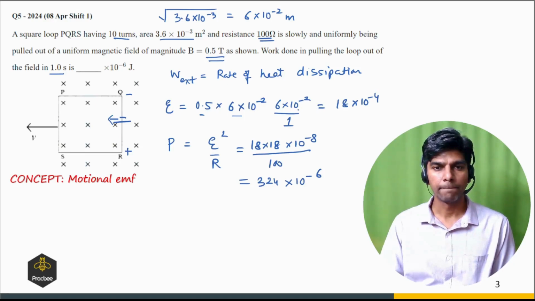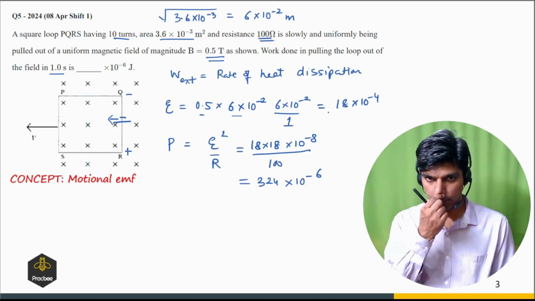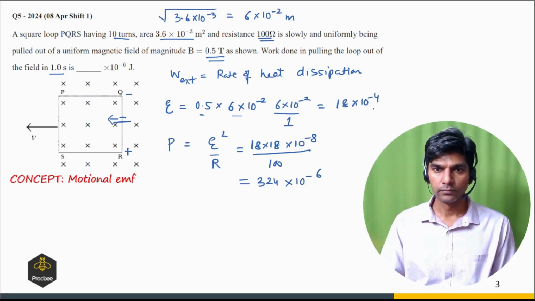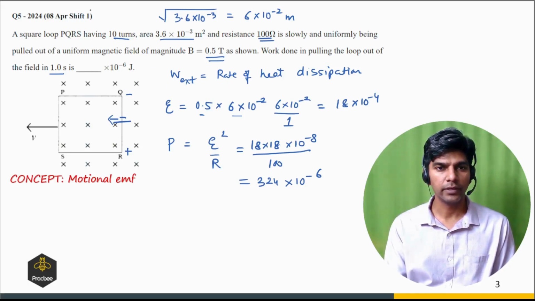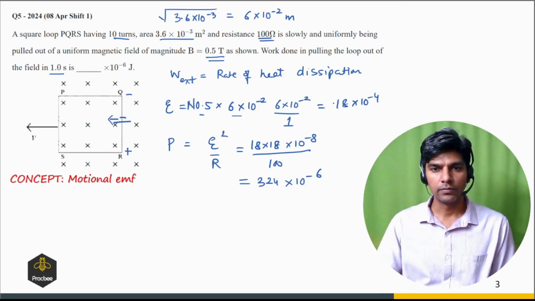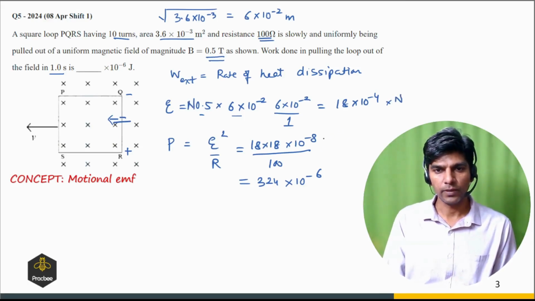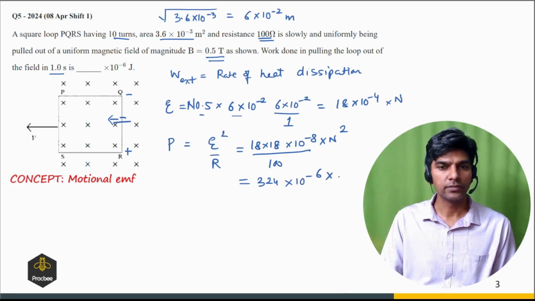BL. Yeah, the number of turns I forgot to add, so N is also there, times N, times N square, right? And N square is 100.